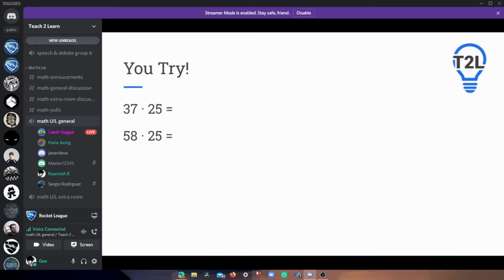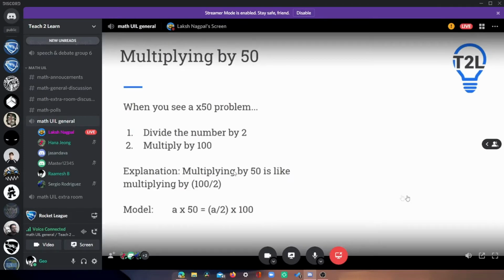Now, times 50 is a trick too. Whenever you see a times 50 problem, it's similar to times 25, but instead of dividing the number by 4, you just divide it by 2, since 50 is twice 25. The last step is still the same: you multiply by 100.